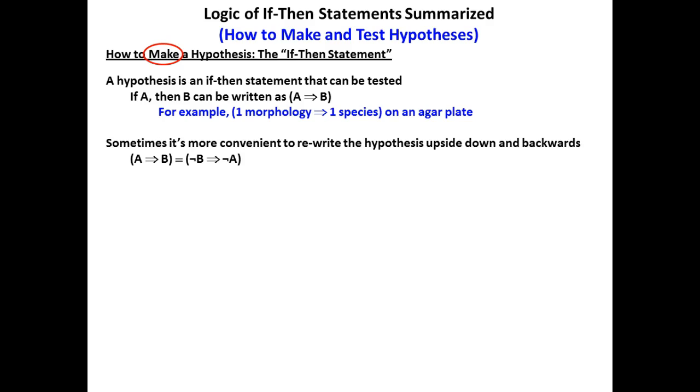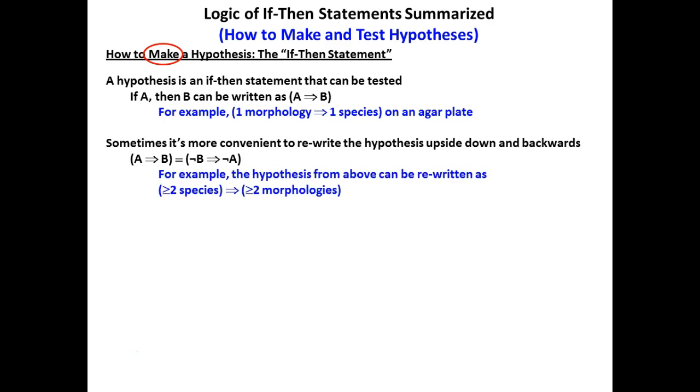We could also flip it another way. So if one morphology equals one species, 2 morphologies should equal 2 species. Is that true? Is that true? 2 species equals 2 different morphologies?